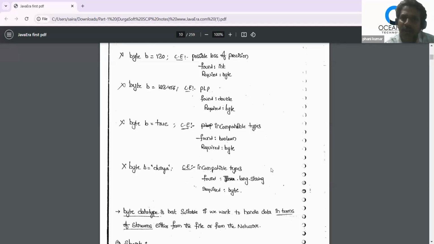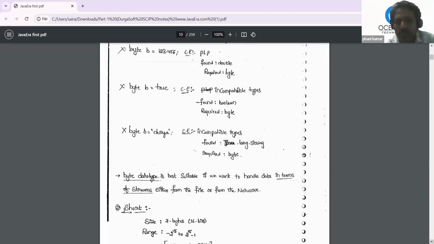If I am creating byte type but assigning Boolean type, I am getting the error incompatible types. If I am creating byte type and assigning string type, I am getting incompatible types. These are the main different types of errors that occur while assigning. So clear? Byte data type is not suitable for our regular programming.